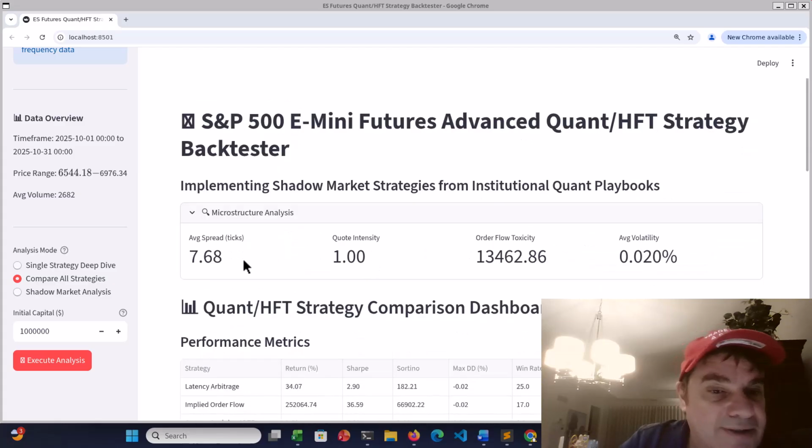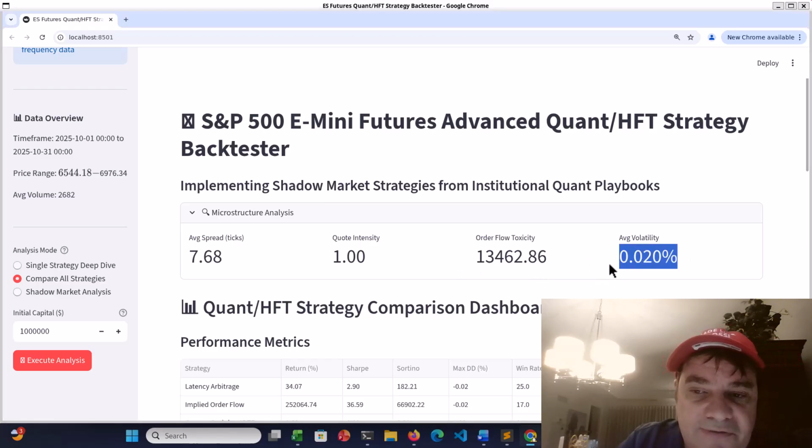These are the stats I want to talk about when it came to high frequency trading. So this is the average spread among all the ticks, quote intensity, order flow and toxicity. I've talked about that in the past. Now this could be hallucinated for all I know. Average volatility, which is fairly low.